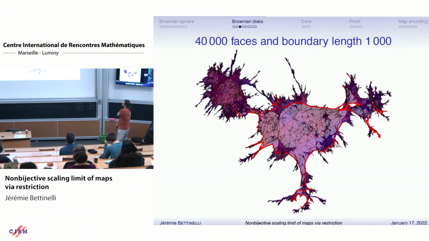This is a computer simulation. You have 14,000 faces and a boundary of length 1,000. The boundary is the red there. If you look there, you can see something that looks like the Brownian sphere.